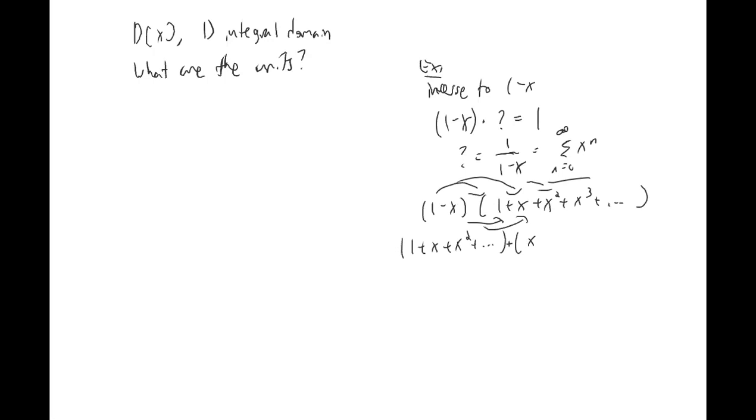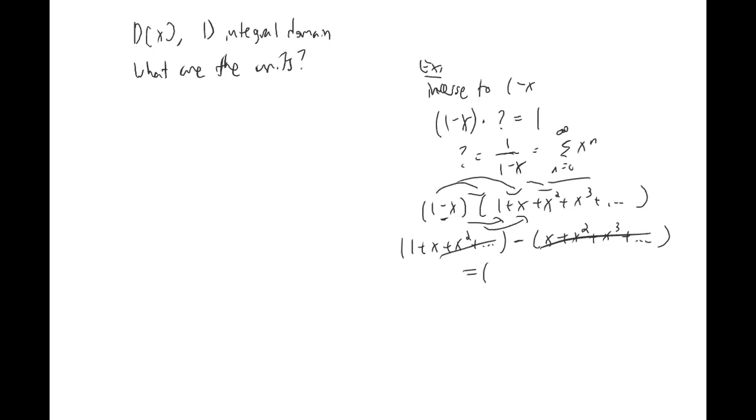So FOIL means I'm sort of adding, or I guess subtracting, since it's a minus sign here. So subtracting x times 1 is x, x times x is x squared, x times x squared is x cubed, and so on, right? And what you're going to see is everything is going to cancel out except 1.